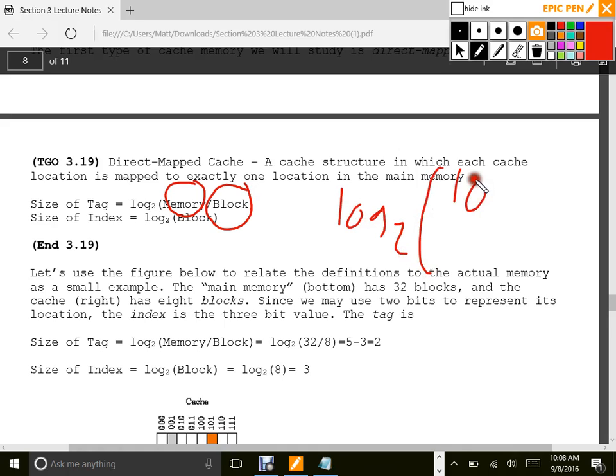So if we have 1024 and we have a block size of 8, what's going to be my result? I'm sending you back to deal with logarithms, right? What's 1024? 2 to the 10th, right? Highly recommended for electrical engineering, computer science interviews.